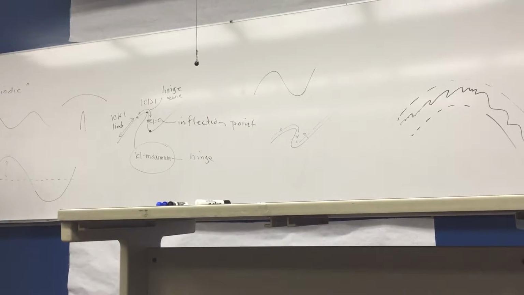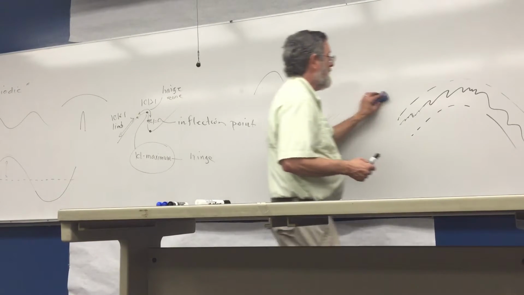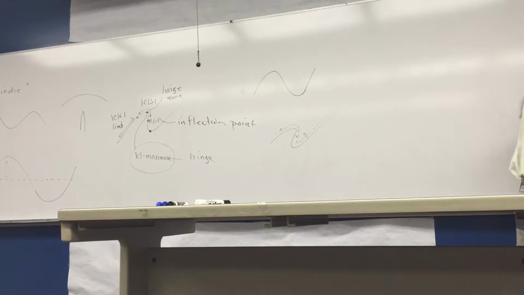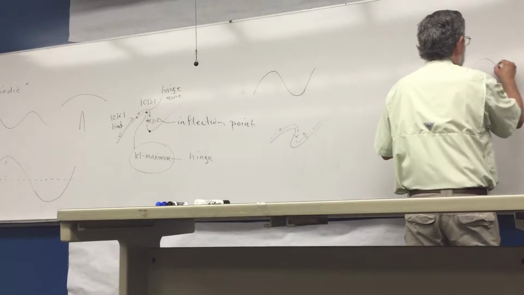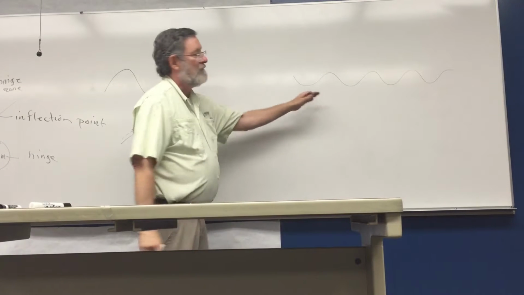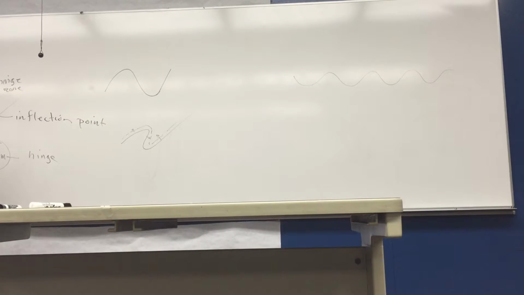We can have folds that look very, very oddly, where we will have fold sets. If we have a nice periodic system, okay, there's a nice periodic fold. I've never seen anything like this in the field. It just doesn't exist.